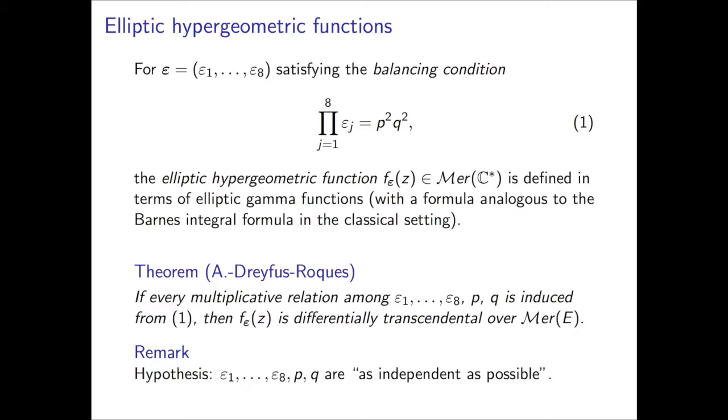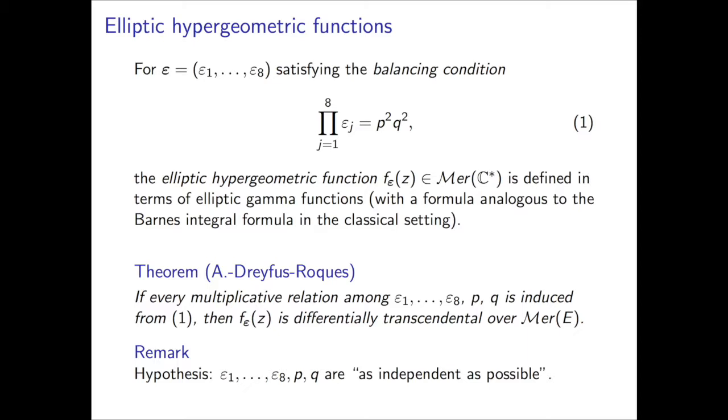And now I can tell you a bit more specifically what I mean by saying that most elliptic hypergeometric functions don't satisfy algebraic differential equations. The most is contained here. So these parameters epsilons together with the p and q have to satisfy some kind of equation.